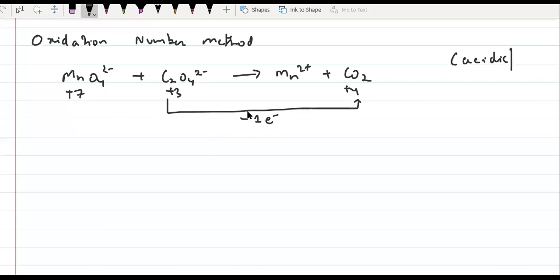But there's one more difference: here we have C2, so it should have 2 CO2, as simple as that. One carbon is exchanging 1 electron, so 2 carbons will exchange 2 electrons. Got it? Yes or no?